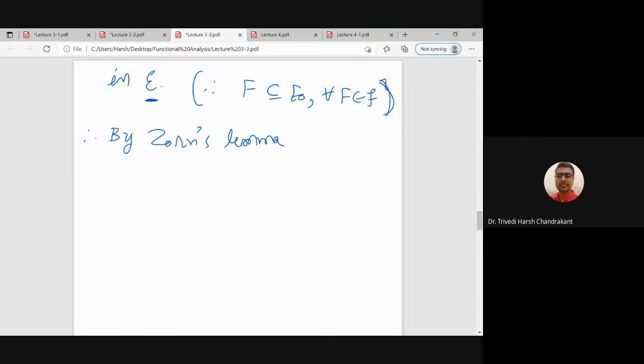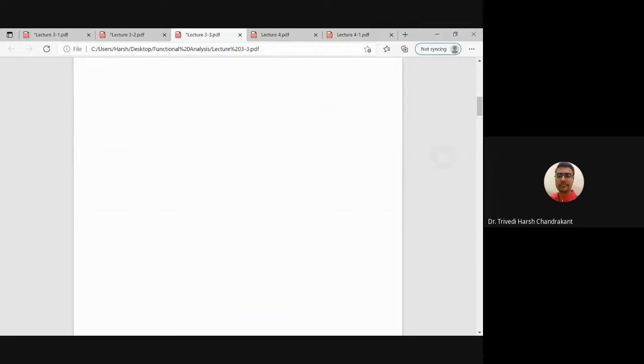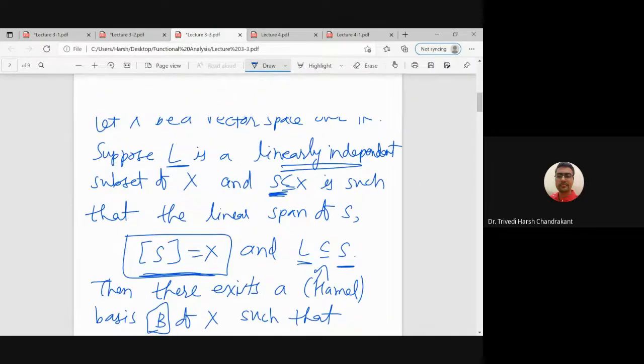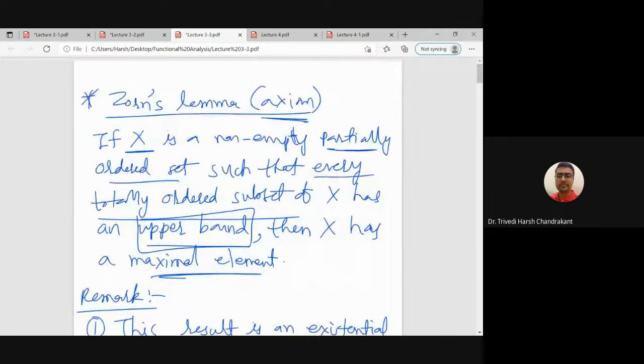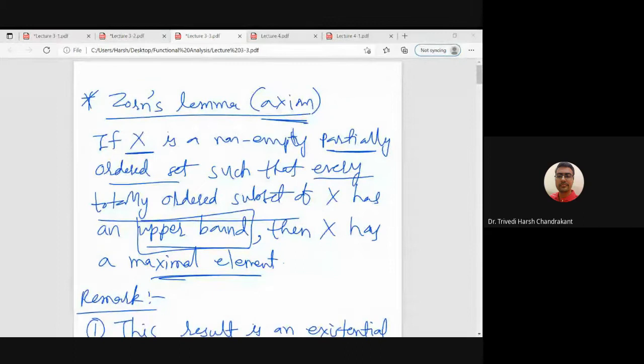So by Zorn's lemma, if we apply it, what do we get? So what is the partially ordered set X in this proposition?